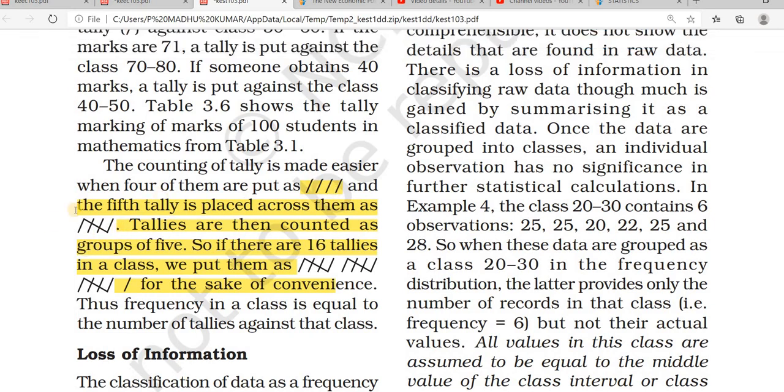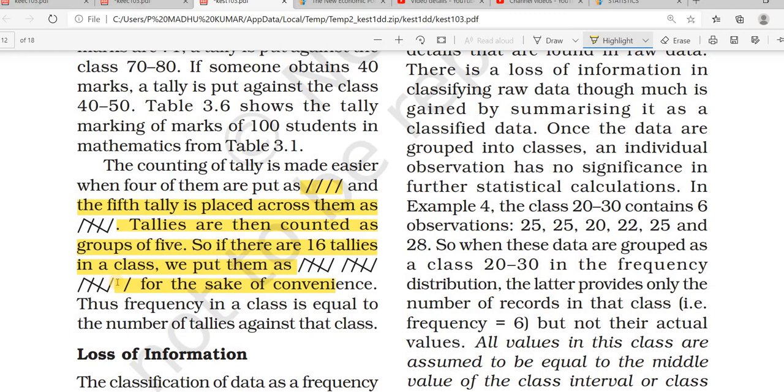One such set we count as a group of 5. Here one set of 5, another set of 5, then another set of 5, 15. Here one more is there, 16. It will be easy. That is the reason we put a cross mark like this.